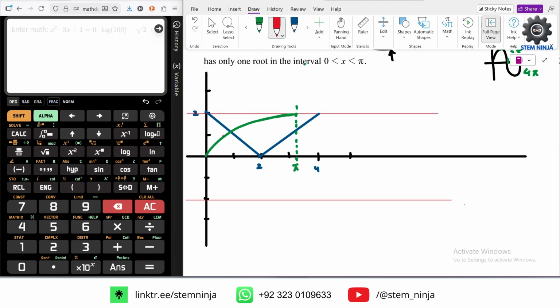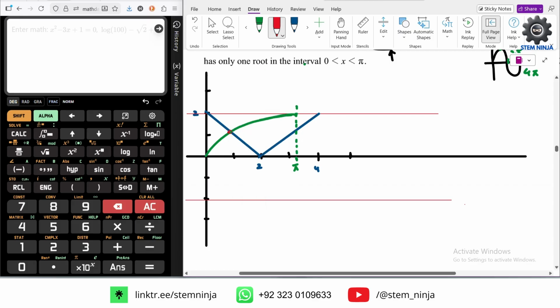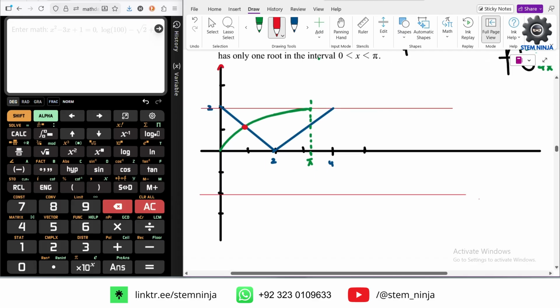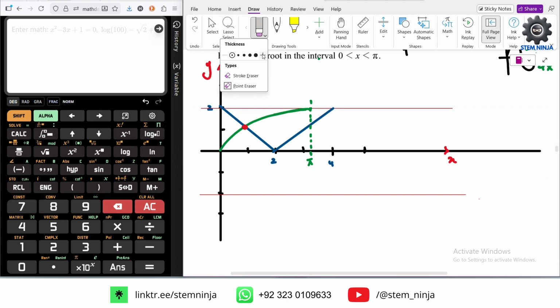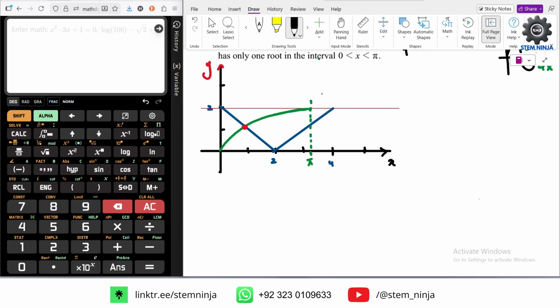Okay, so as you can see, there is only one point of intersection between these curves, so that's all we need to show. So this is your y-axis, this is your x-axis. You can trim it down a little bit. We don't need this thing. That's it. Let's label the graphs.